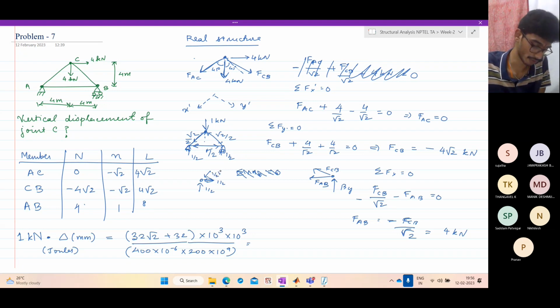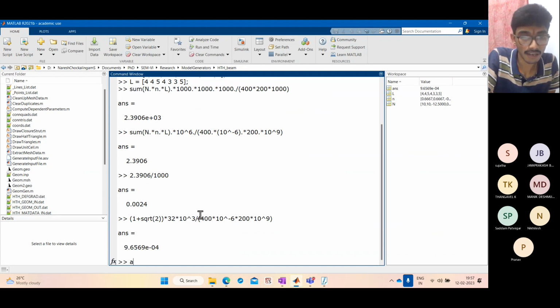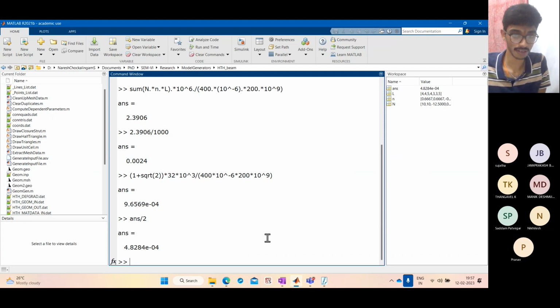Yeah, right. This is half root 2. So this is by 2, this is by 2, and this is by 2. So the entire thing is divided by 2. That was a mistake. So you get this answer by 2. So this is in meters.